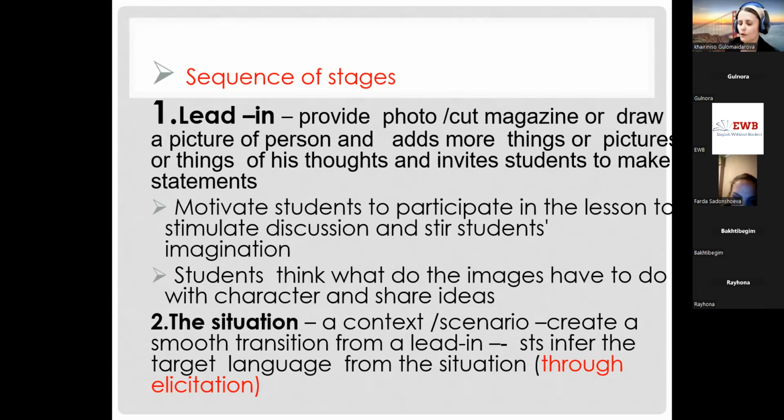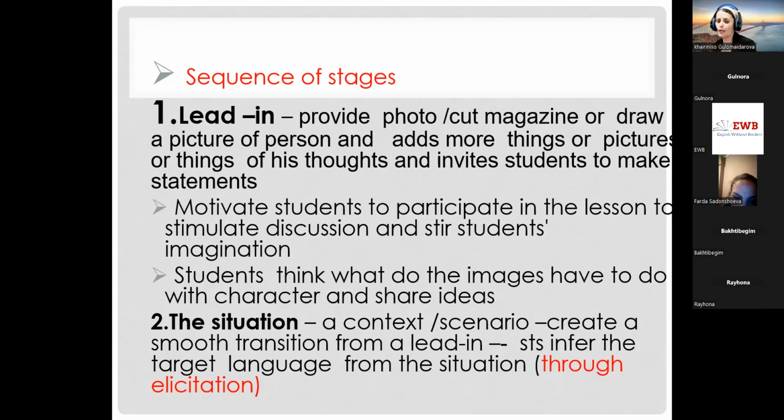Usually, for example, from my own experience, I use situational presentation for teaching present simple tense. And what I do in lead-in, for example, I stick things on the flip chart, if you think that you are not good at drawing. So the next stage is the situation. For example, I just provided you a situation about myself.